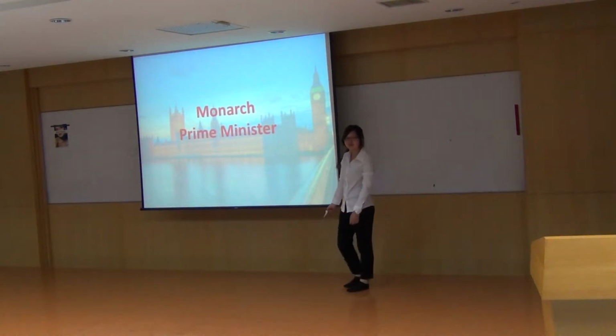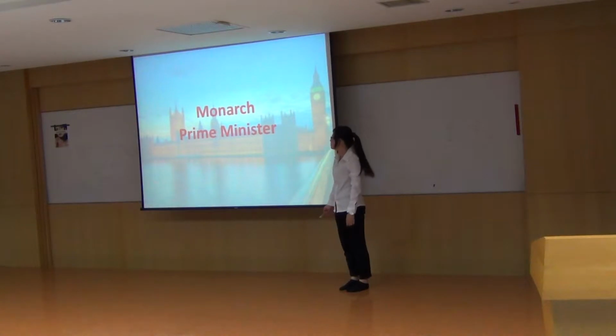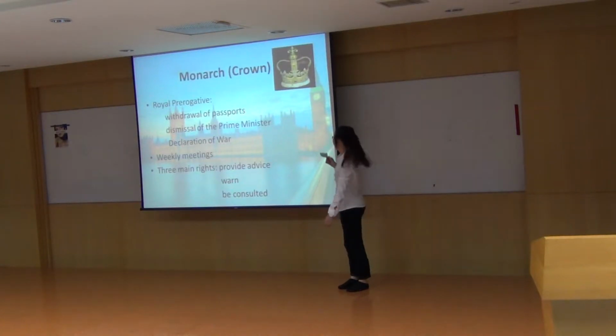I'm going to tell you about the monarch and prime minister. The British monarch takes little direct part in government. The crown remains the fount in which alternate executive power over government lies.